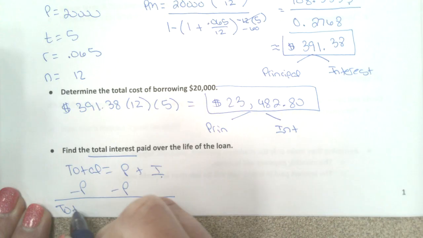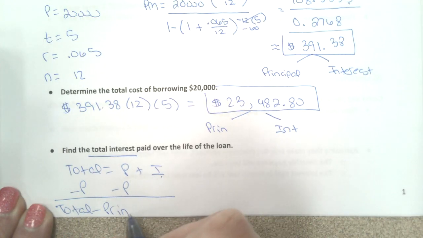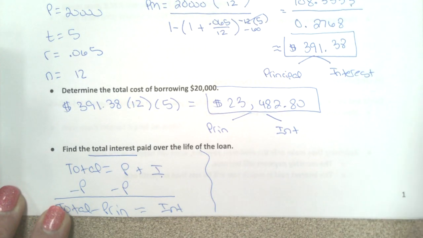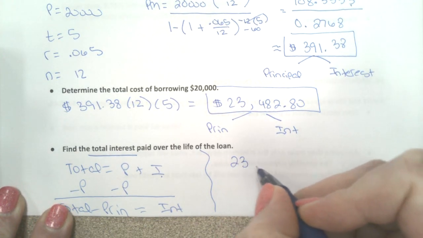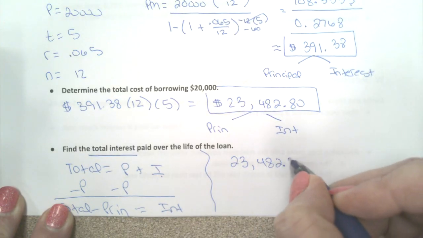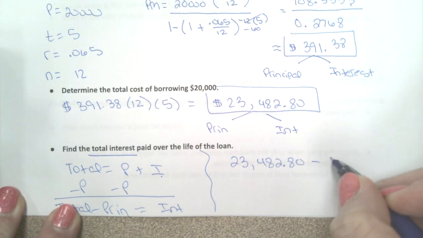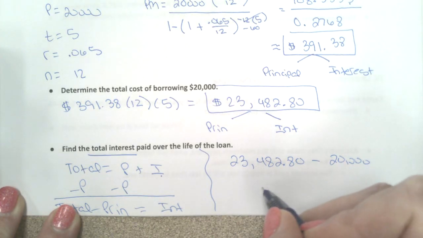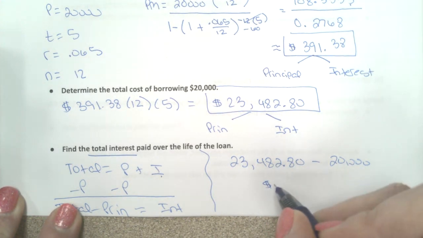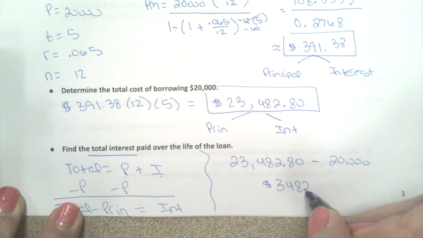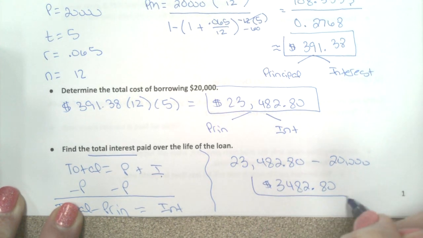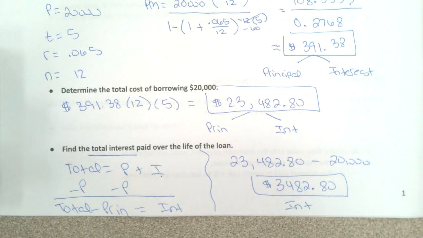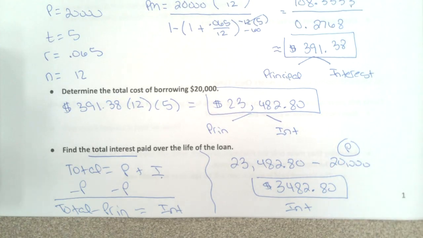So if you take the total minus your principal, that tells you how much interest you've paid. So my total is $23,482.80. Subtract off your $20,000, that's your principal, and I get $3,482.80 in interest.